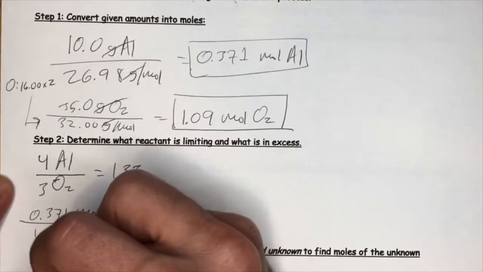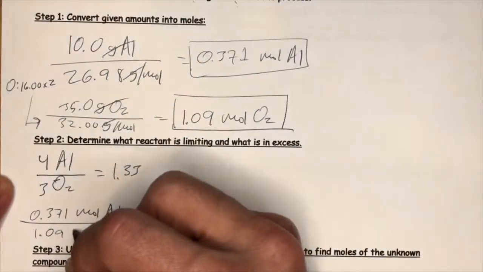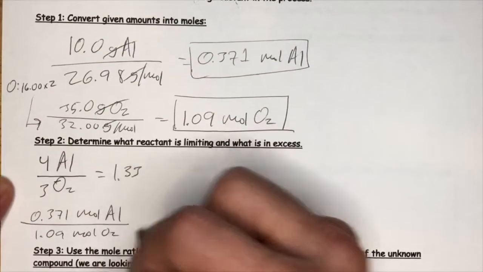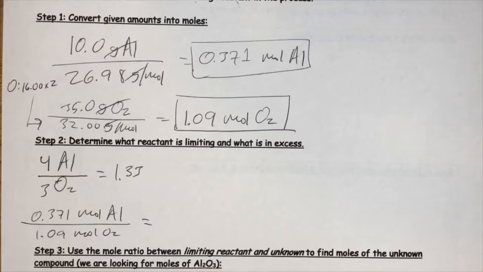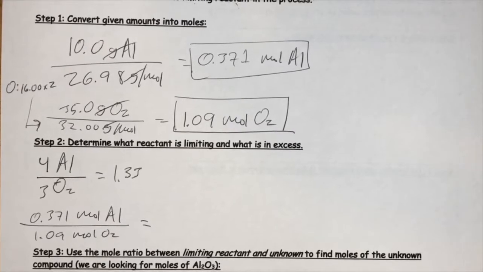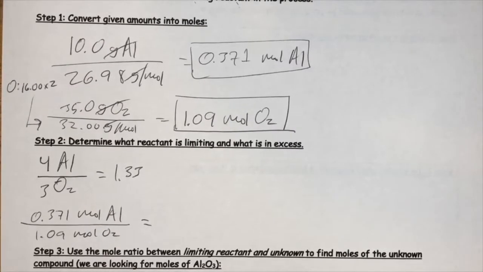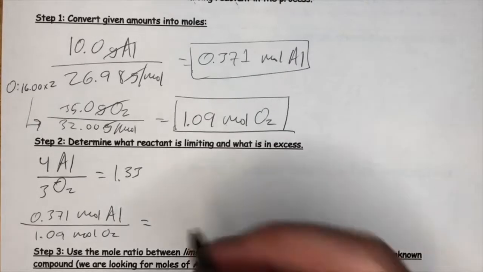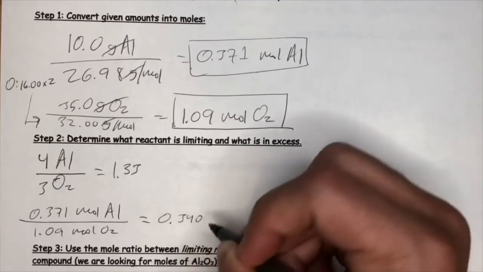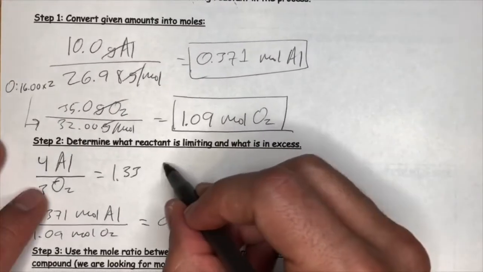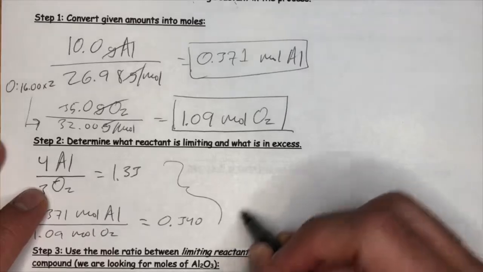And I have 1.09 moles of O2. So 0.371 divided by 1.09, I get 0.340.